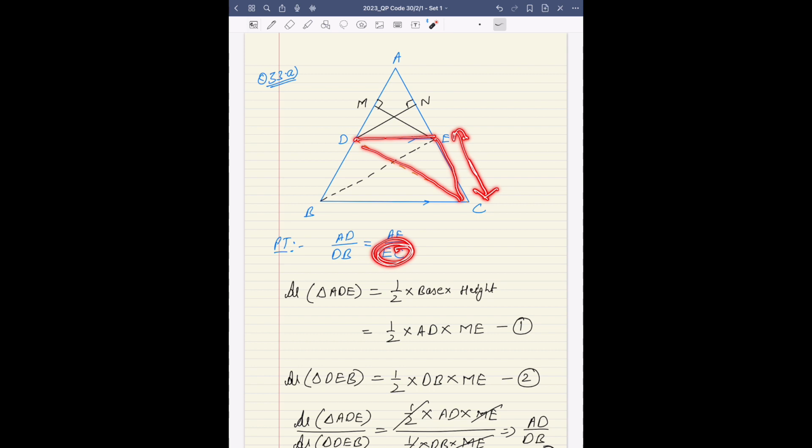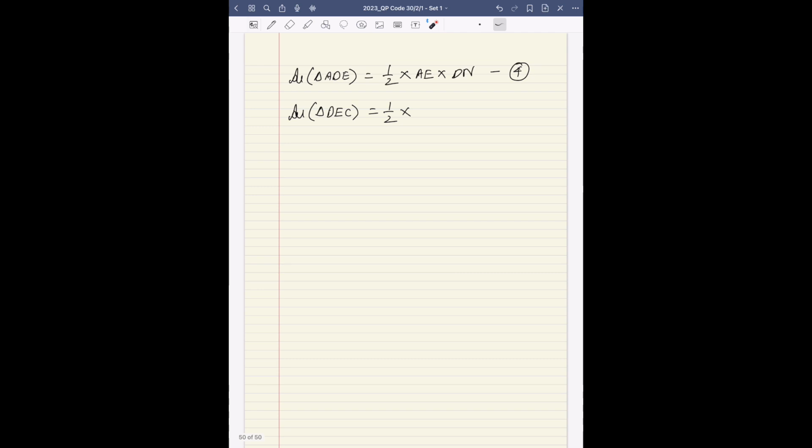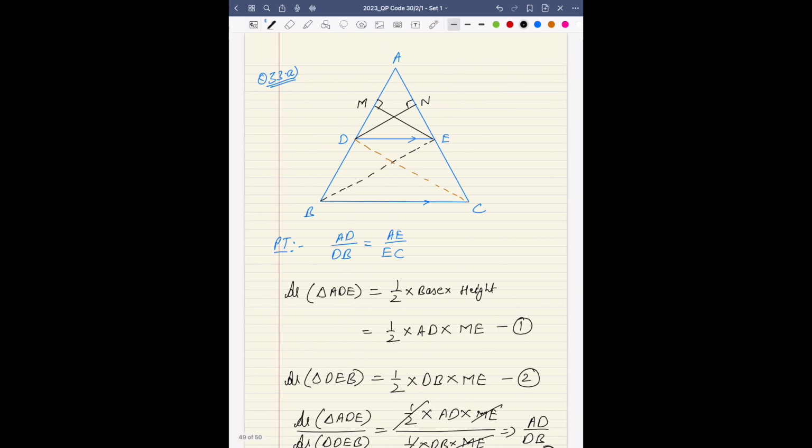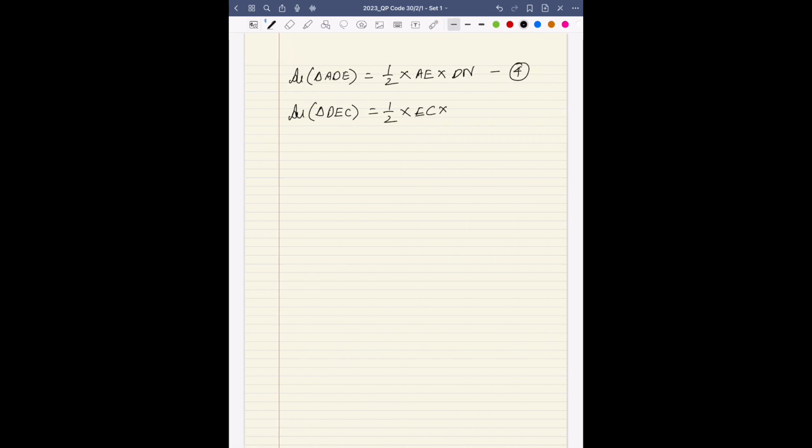And you drop the perpendicular from the opposite vertex, you have to extend the base. So when you extend the base, the perpendicular becomes DN, right? So this is your triangle, and this is your perpendicular, and this is your extended base. So half into, what was the side? EC into DN, equation 5.